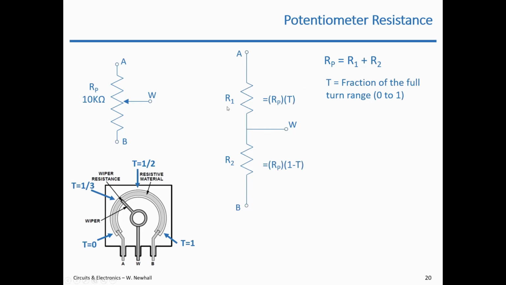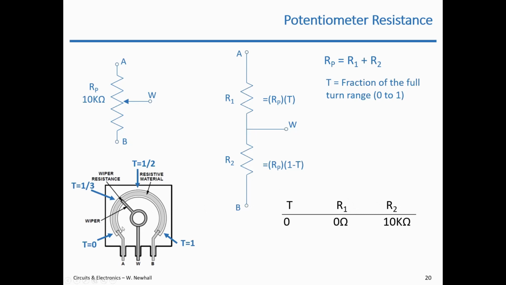To do that, we're going to use the value of resistance R1. So if the total resistance is RP, you multiply it by this fraction in order to get the R1 value. And you multiply RP by 1 minus T to get the R2 value, okay? And let's create that table. So for a given T, I get an R1 and I get an R2.